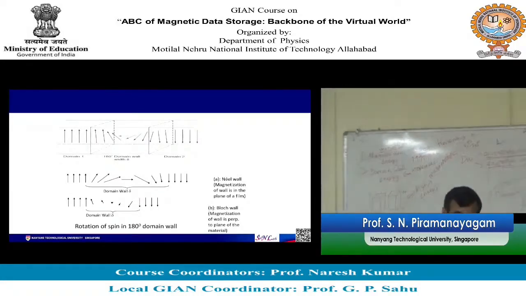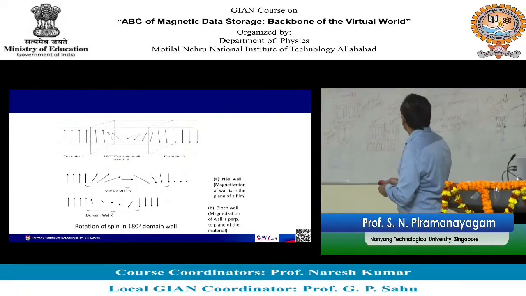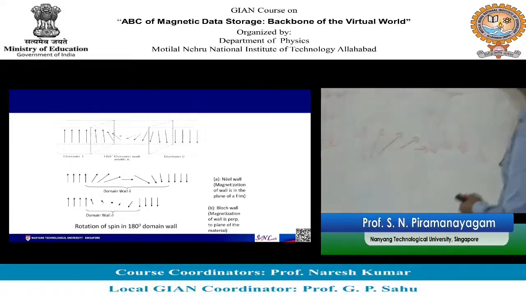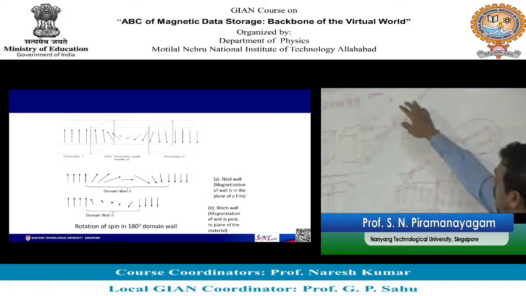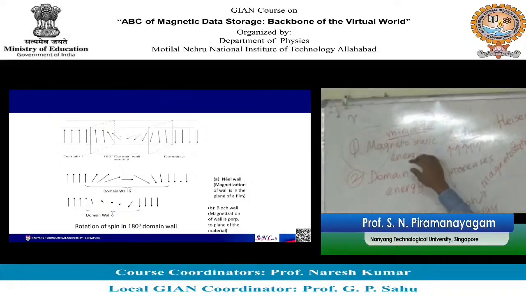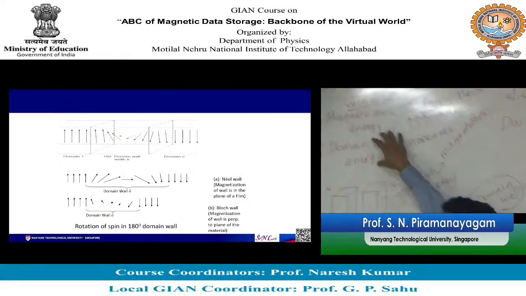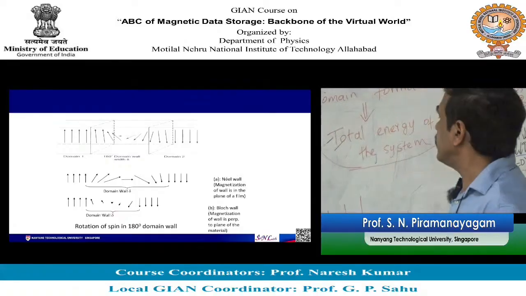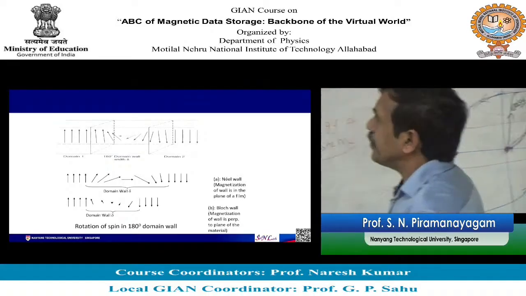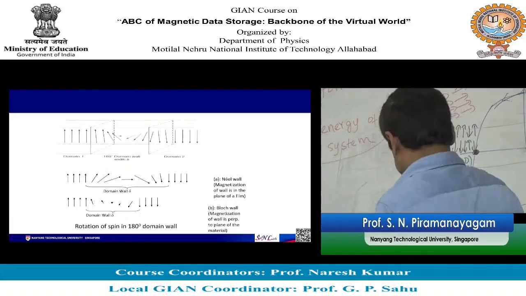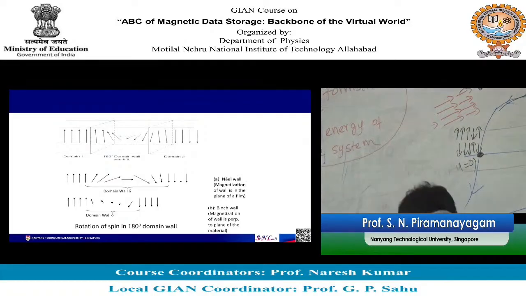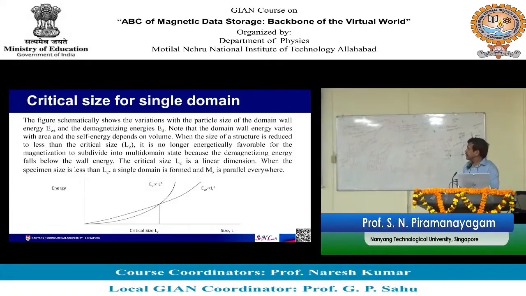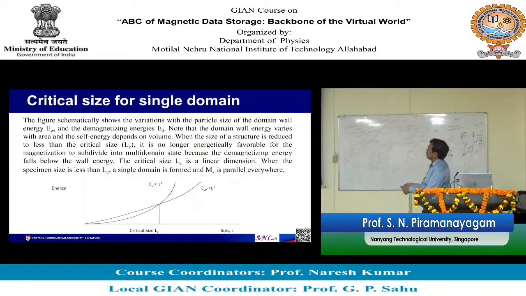So ultimately, whether a system forms domains or not depends on the total energy, whether this energy is bigger or this energy is bigger. Depending on the competition between the two energies, the system may or may not form domain walls. That's shown in this picture.